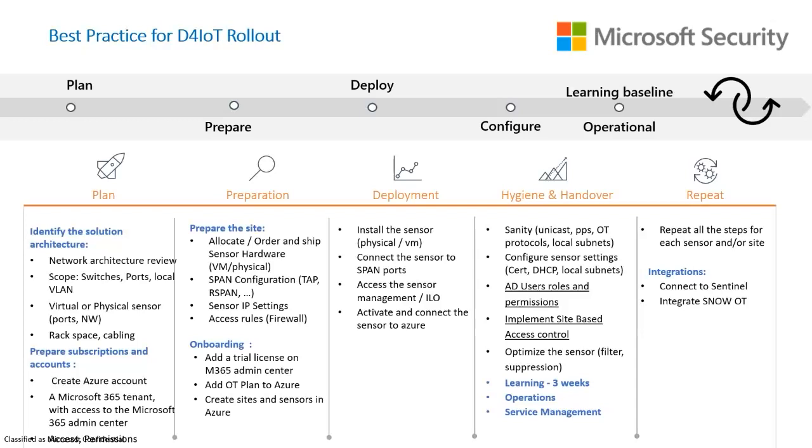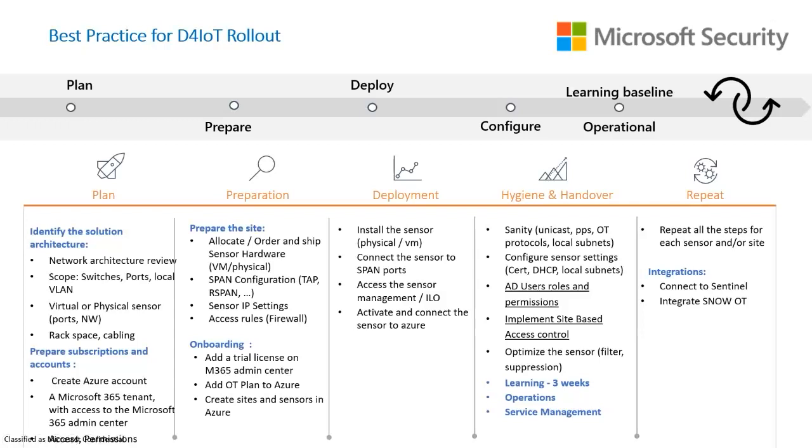We try to look if we are getting unicast and broadcast traffic, if you're able to see all the protocols. We configure DHCP, we configure certificates for secure communication, etc. We also configure users in this stage.